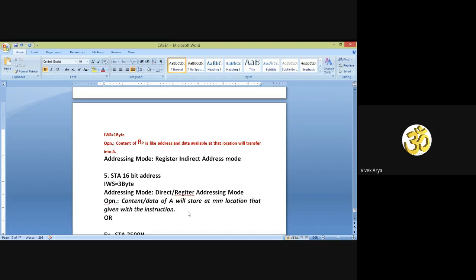This instruction basically copies the content of register A at some vector location in the memory.